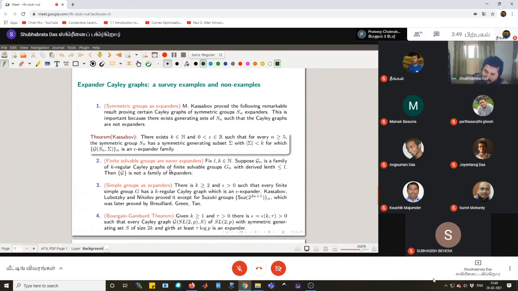And for solvable groups, we will see that with that return probability, we will not have enough expansion. So this type of group, solvable groups, will not give rise to expanders.